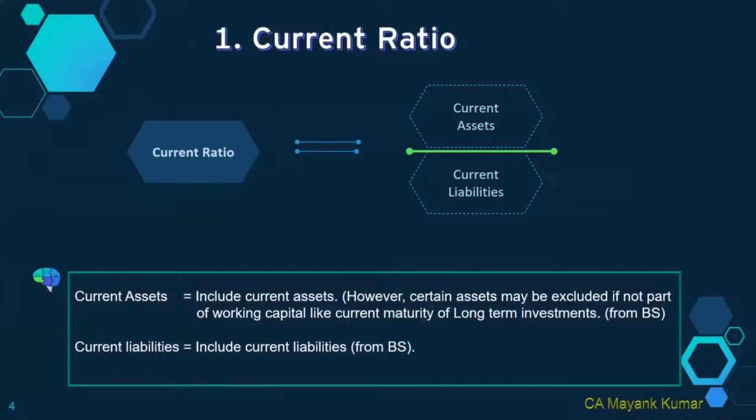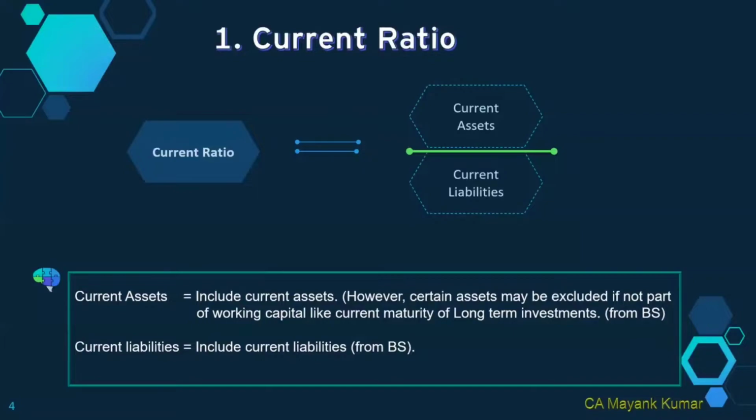One catch is that there are certain assets which should be excluded from the current assets. The reason is those assets may not form part of the working capital, like current maturity of long-term investment. Say, for example, the company has quite a good investment portfolio, but the company is in the FMCG industry.